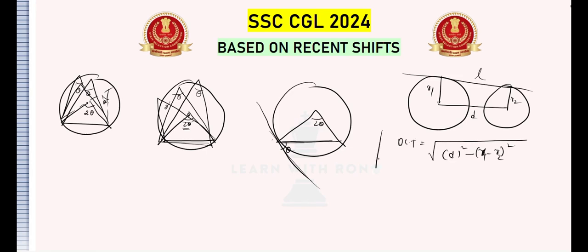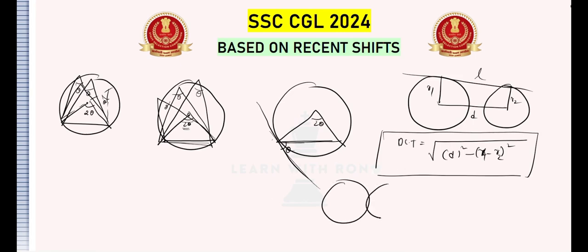This is the direct common tangent formula. Try to remember. Similarly, if the 2 circles touch each other, the distance is nothing but r1 plus r2.